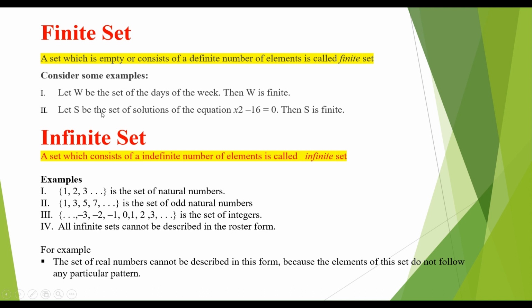Let S be the set of solutions of the equation x² - 16 = 0. After solving this equation, we get two roots, x + 4 and x - 4. We get a particular two roots, so some finite number is there. So we call S a finite set.